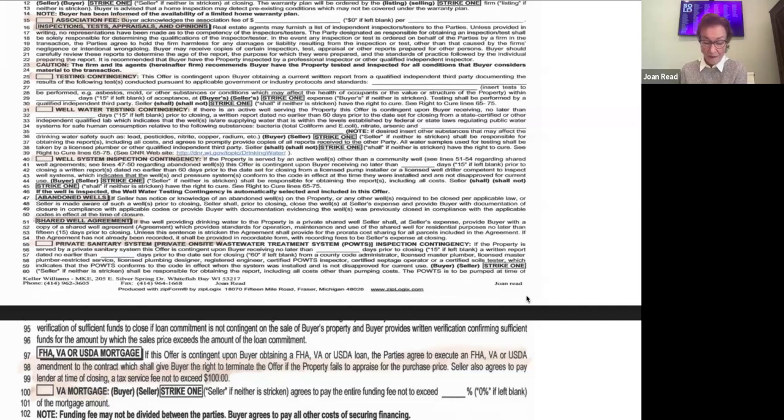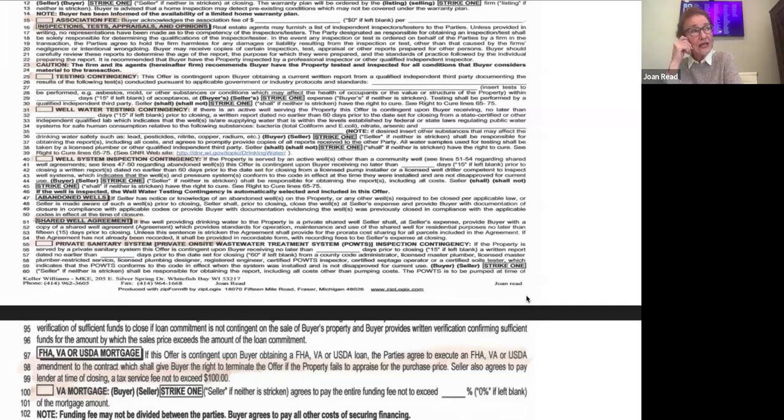It's just to get the basics of bacteria, nitrate, and you can add additional ones such as lead, pesticides. That's on a line with the examples there, if you want more water tests done, but basically it's just bacteria, nitrate, and arsenic.